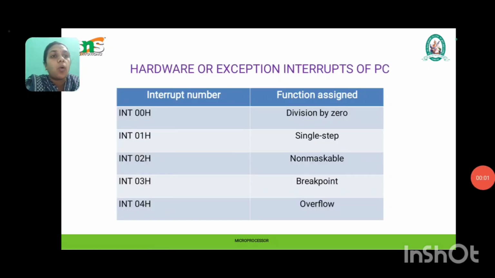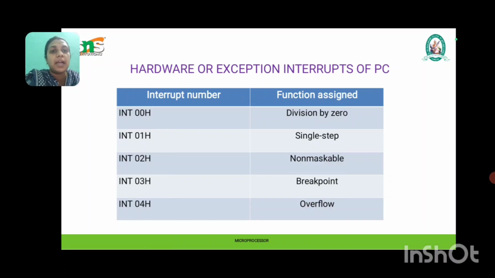The hardware or exception interrupts of the PC: the interrupt numbers and the functions assigned. First, INT 00H is division by zero, INT 01H is single step mode, and INT 02H is the non-maskable interrupt.